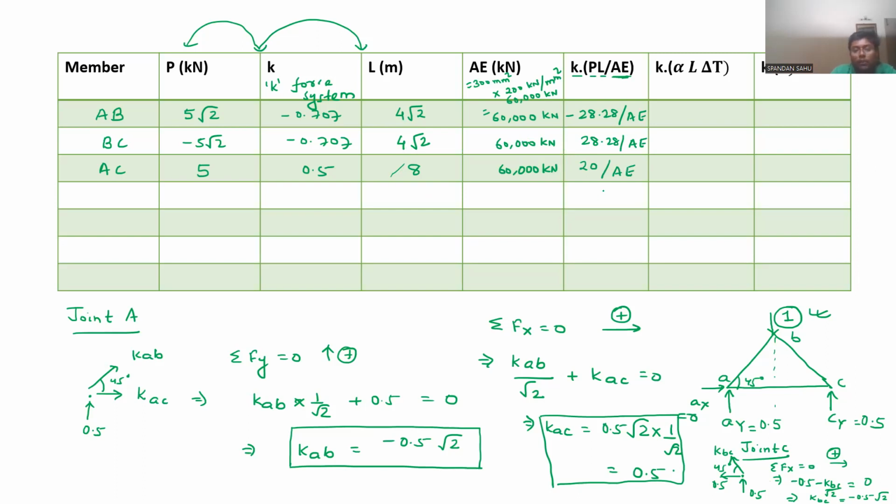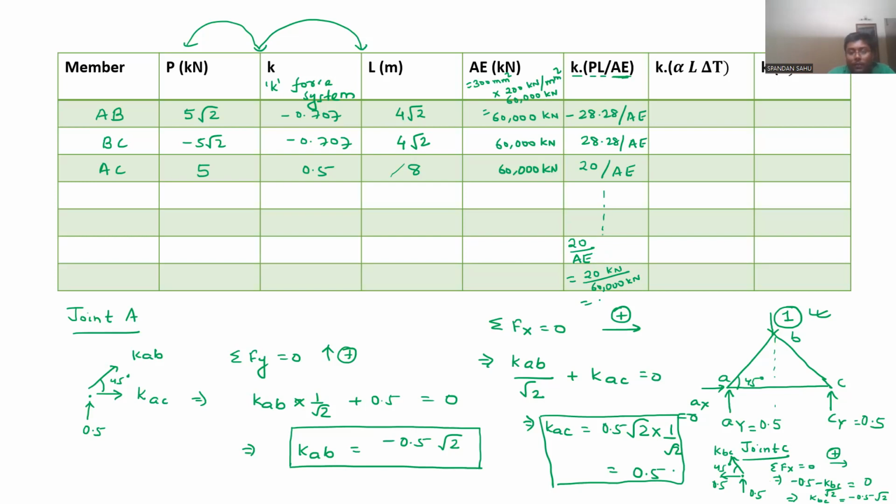So when you sum this up, this minus 28 and plus 28 will cancel out. So you will get 20 upon AE. Substituting the AE value, you will get 20 kilonewton by 60,000 kilonewton. So we are getting 20 by 60,000.